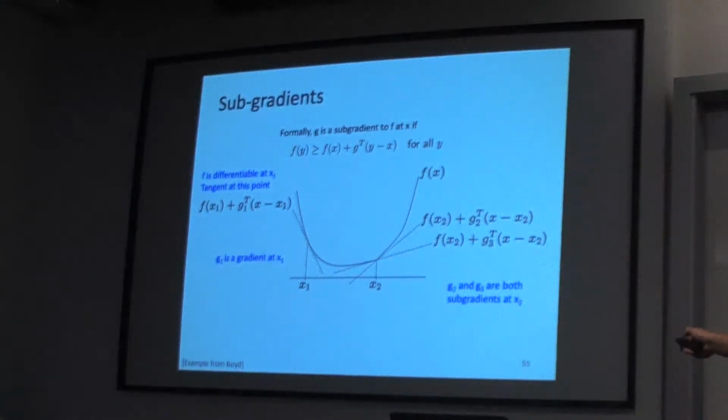So actually you have numerous subtangent lines. You can draw any line in between two lines passing through x2, f of x2, and they are still going to stay below the entire function body. So these are valid subtangent lines as well, and their slopes are valid subgradients. So when some point is not differentiable, you might have many choices of subgradient. You can pick any one you find convenient.